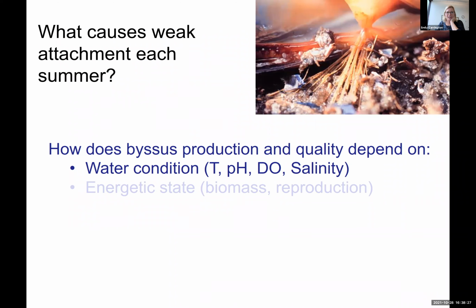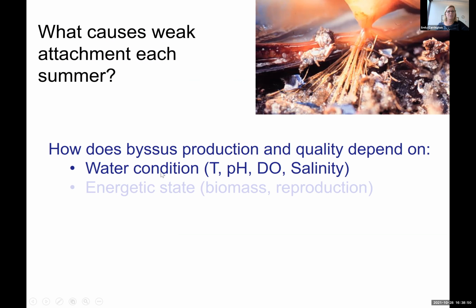Okay, so that's what I have to say about energetic state. I think the food supply is not a good explanation for why mussels have weak attachment in summer, but I do think that if they need to make more byssal threads, it does come at an energetic cost.